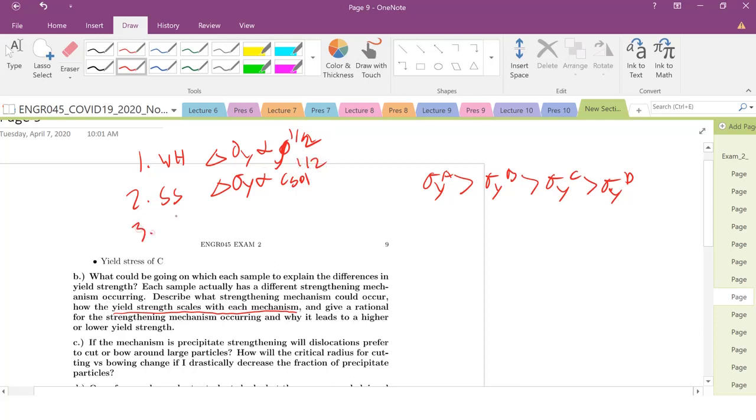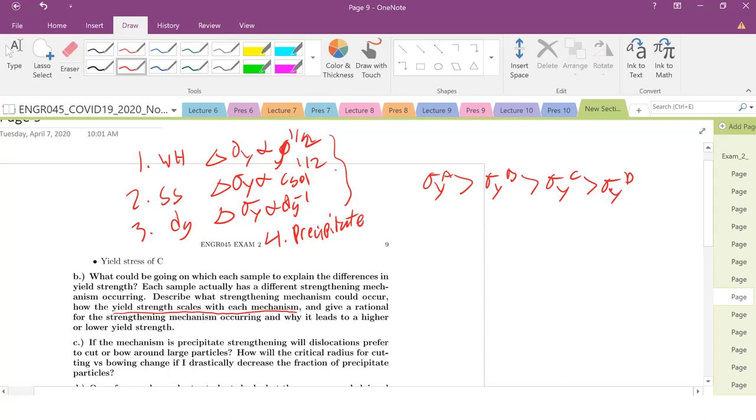I have my grain size, d, so sigma y scales as d to the -1/2, and then I have my precipitate strengthening. So which one of these parameters? All these values are changing with a certain parameter. We'll get to precipitate in a bit. But again, if these are all the same material and all we're doing is processing, what can push our yield strength the largest?